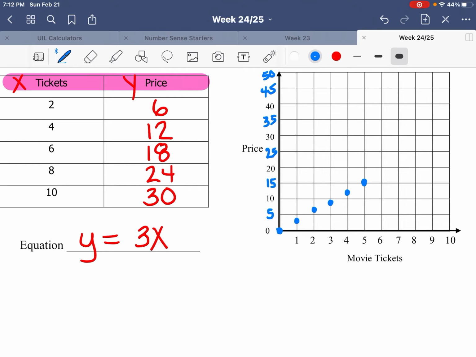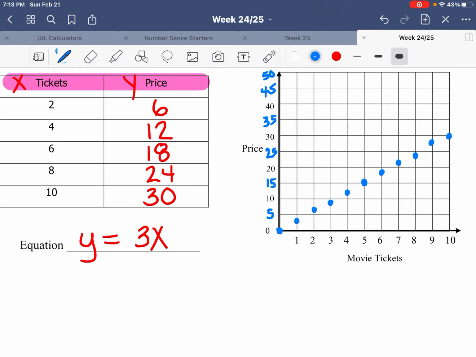Oh, there's one that's actually on the graph. 6 tickets, $18. 7 tickets, $21. 8 tickets, $24. 9 tickets, 9 times 3 is 27. I'll be right around here. And then 10 tickets, of course, will be $30.